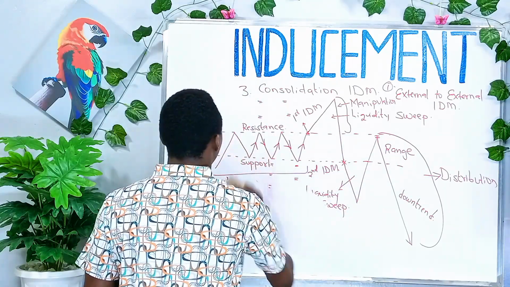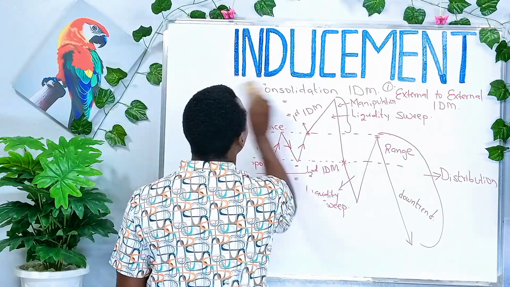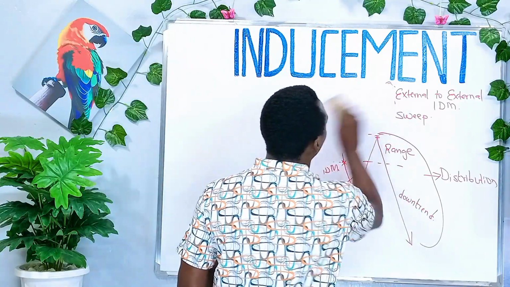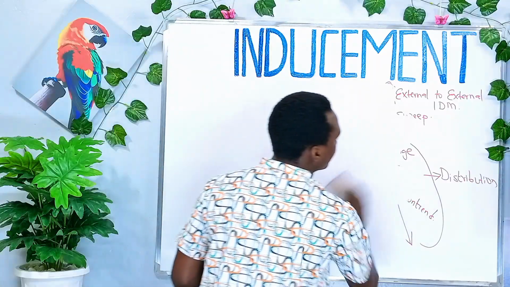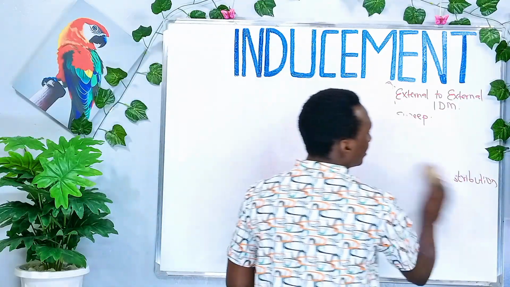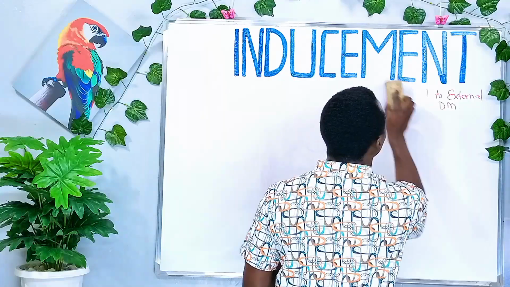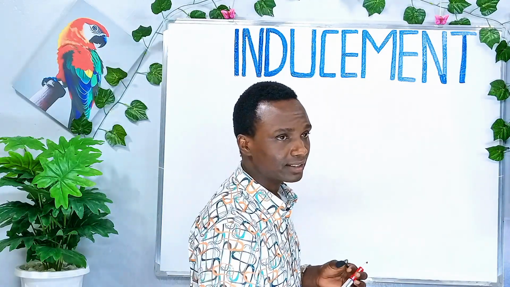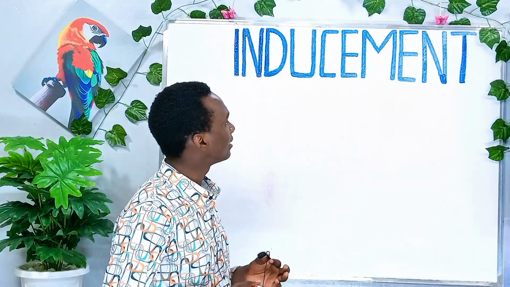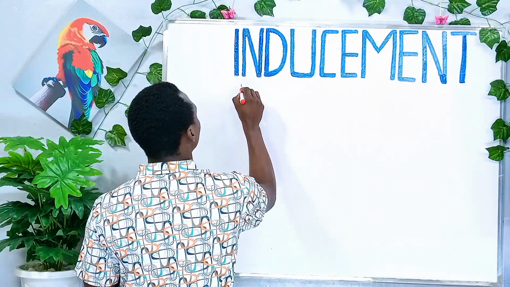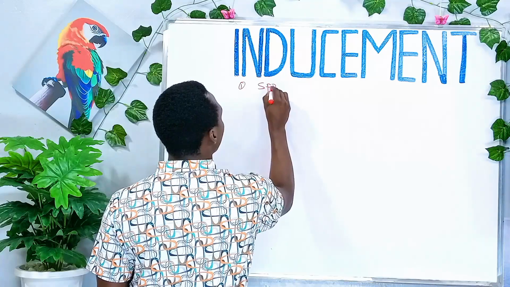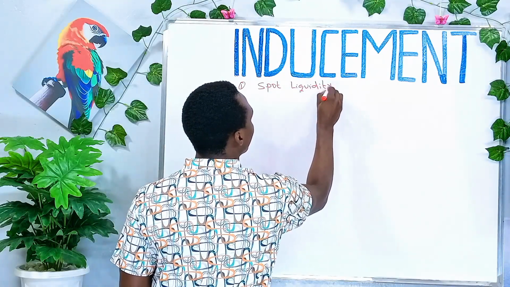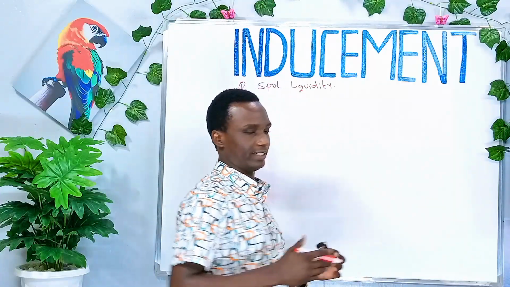Okay, so the first way to identify our inducement levels is to look at the liquidity, to spot where the liquidity level is.